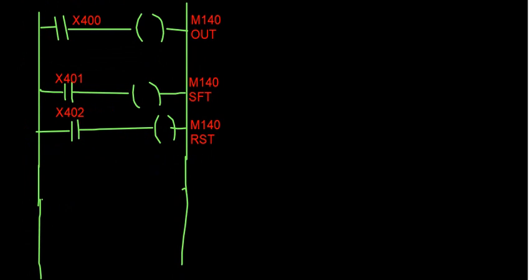So now let me take one more input as say X403 here, followed by the contacts of your relay M144, and you have one more internal relay here. So this internal relay contact would come here. I first write it as X403, since X402 is already taken, X403 followed by M144.